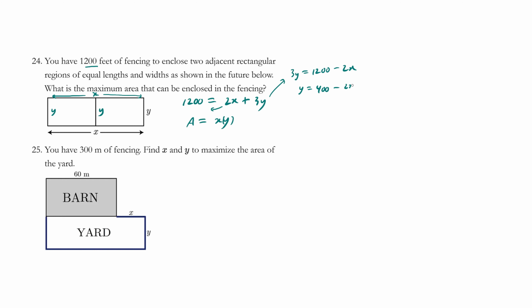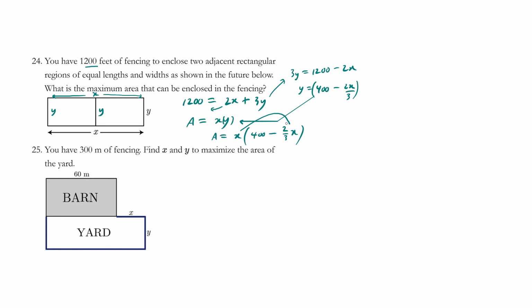And 2x divided by 3 is negative 2/3 x. So now we're going to substitute this y value here. So the formula is area is equal to x times 400 minus 2/3 x.